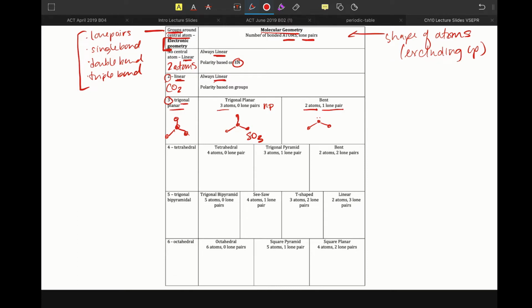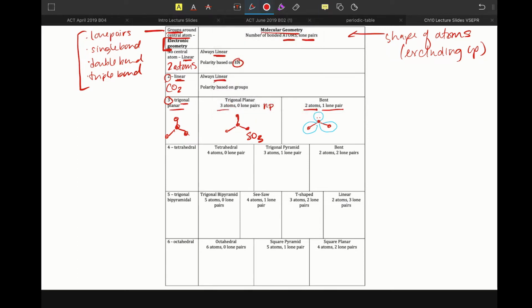If we're comparing all three of these, we have the same basic structure. But even this last one, it's still 1, 2, 3 things around that central atom. We have one lone pair, two single bonds, that counts as 3 total things. Does it make sense?